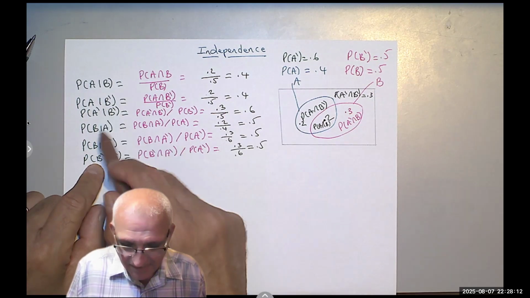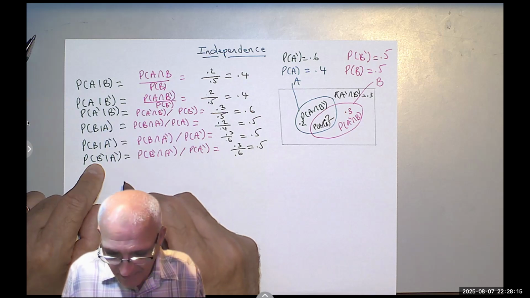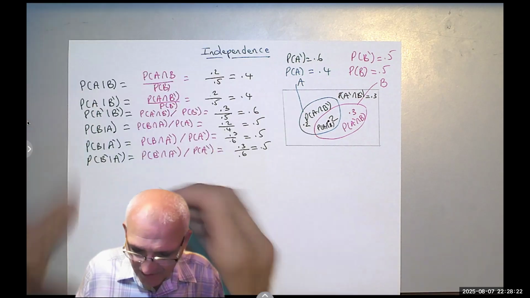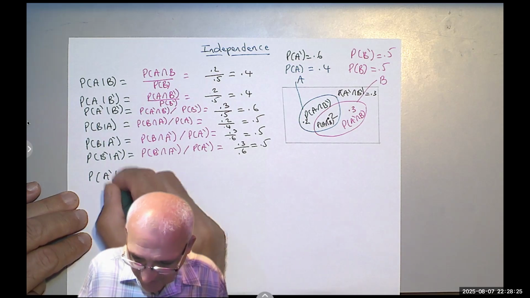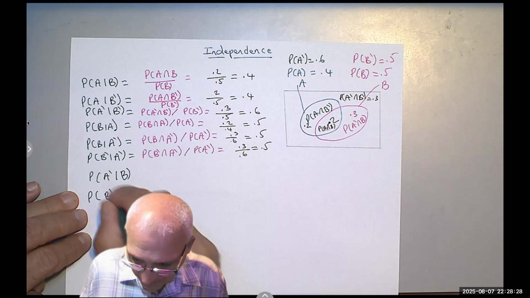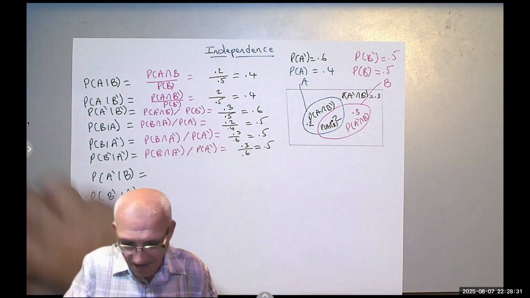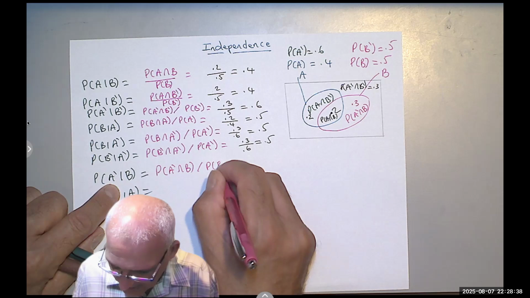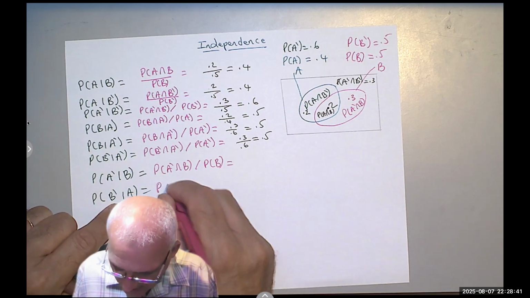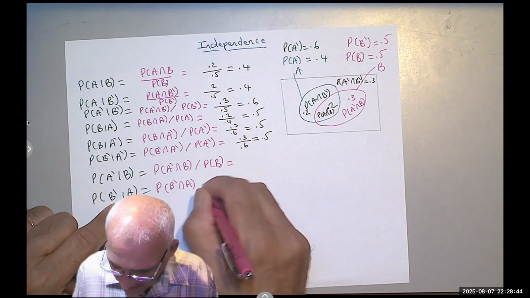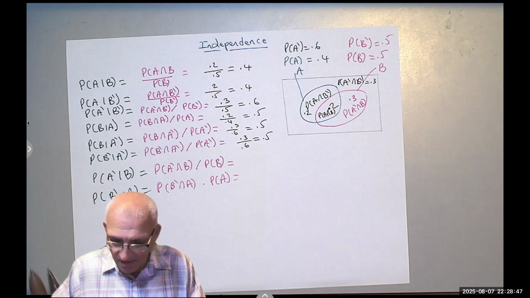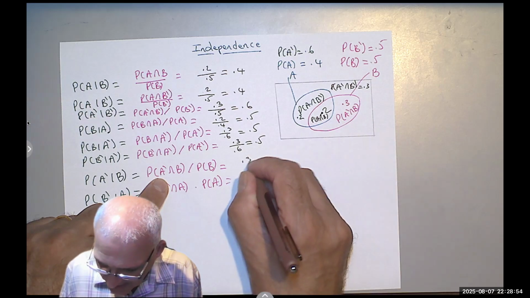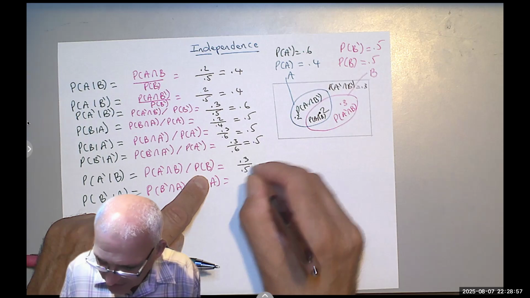What if we already established that... here we say we didn't do the probability of not A given B and not B given A. So just to complete, here we say it's the probability of not A and B divided by the probability of B. And here we say it's the probability of not B and A divided by the probability of A. Again, the probability of not A and B is 30%, divided by the probability of B, which is 50%, so you get 0.6.